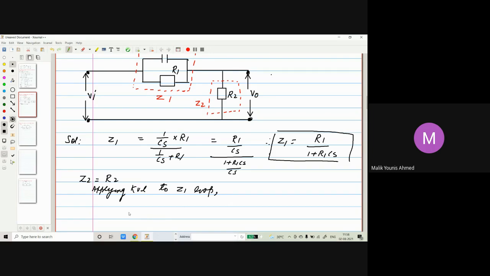So this will be minus Vi plus Z1. Let's say the current flowing through this is I.